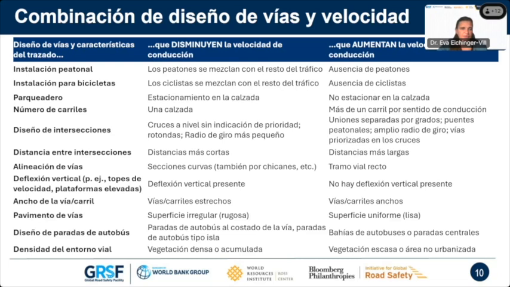And I think some of them are rather intuitive, but others aren't that much, because you wouldn't necessarily think about these. And maybe I would recommend that you take a more detailed look at this slide and just see what infrastructure design characteristics that are already there would decrease or increase your driving speed. And you can make use of these when redesigning your road.